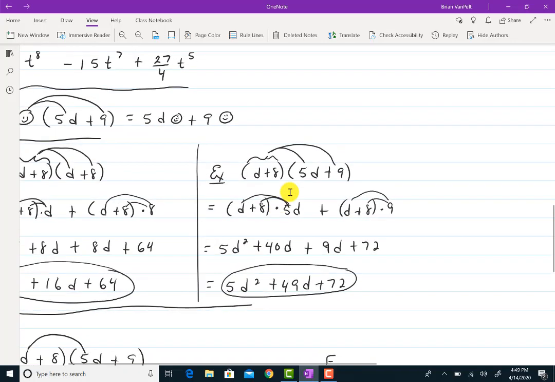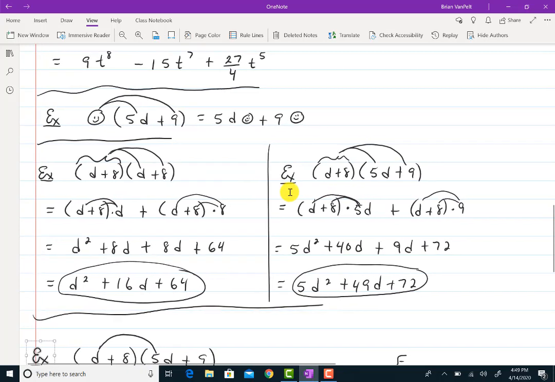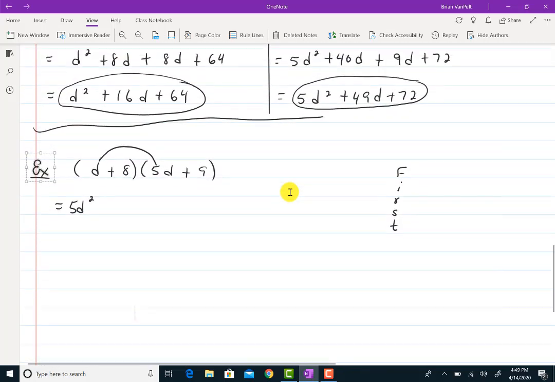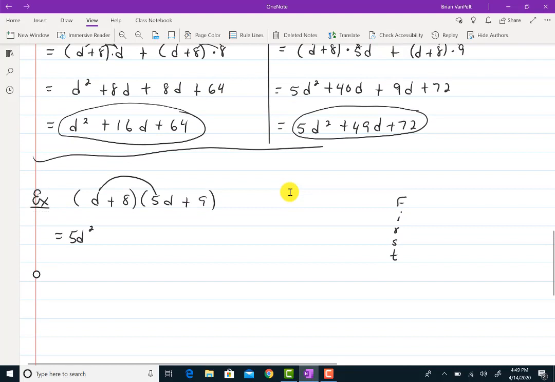Now then, I move on to this d out here all the way over to times that 9. This is what we call the outer. So from that, I'll get a 9d.